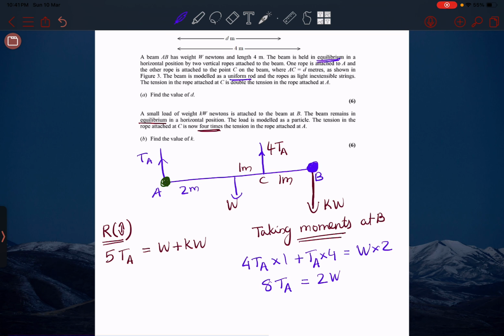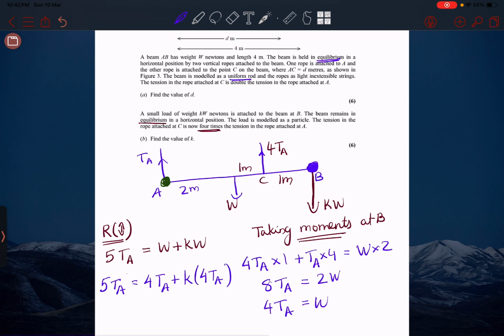Maybe we might be able to plug in. So I can say 4TA is W, and then I can use that here and say 5TA is equal to 4TA plus K times 4TA.